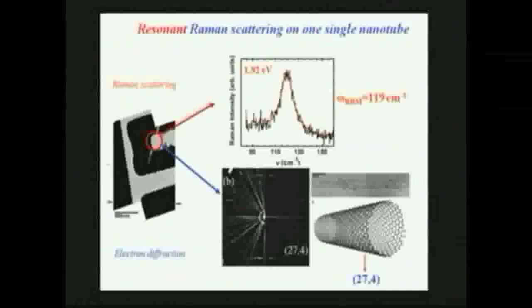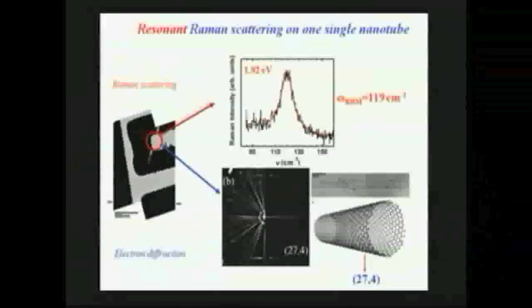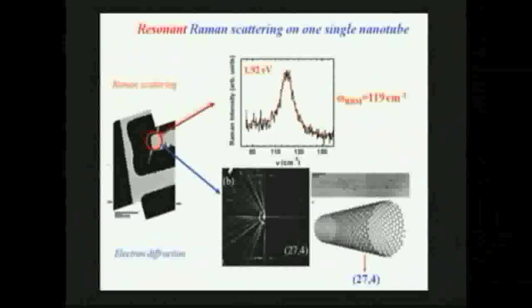But in resonance Raman, providing you find the right wavelengths, providing you use the right laser energy, you will be able to measure the signal of only one nanotube. That's not an easy experiment. First, you have to find the right laser energy, and also make sure your nanotube is aligned parallel to the light polarization. Otherwise, you will have nothing.